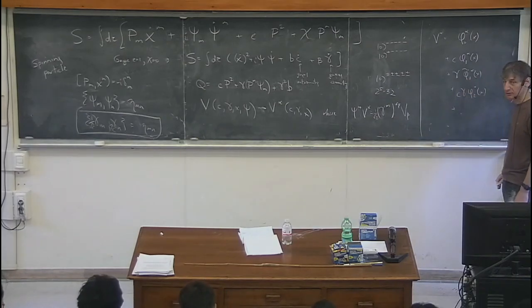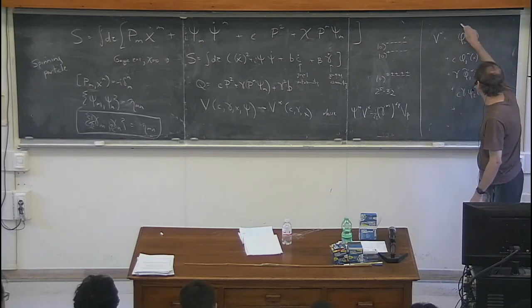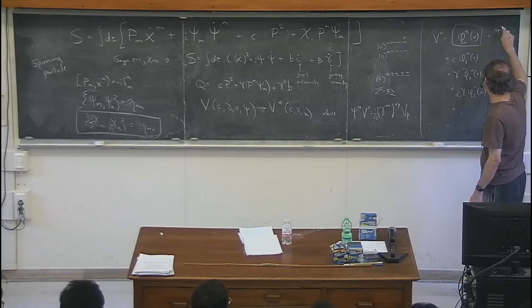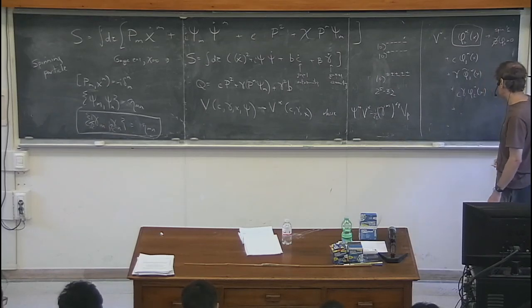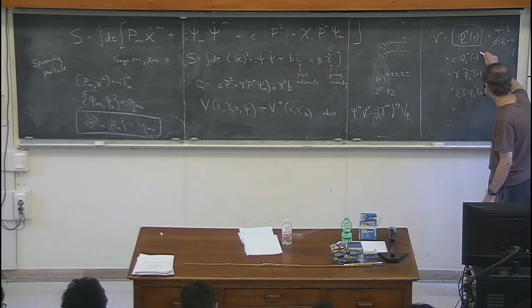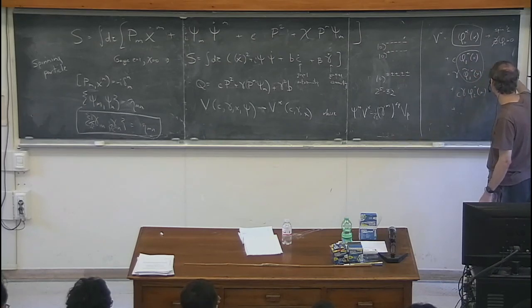What you'll find is that phi 0 describes spin 1/2. So it will have to satisfy the Dirac equation, the massless Dirac equation, d slash of phi 0 equals 0. And then what you'll find is that these two together also define, when you go to the cohomology, something that also satisfies the massless Dirac equation, and you keep going.